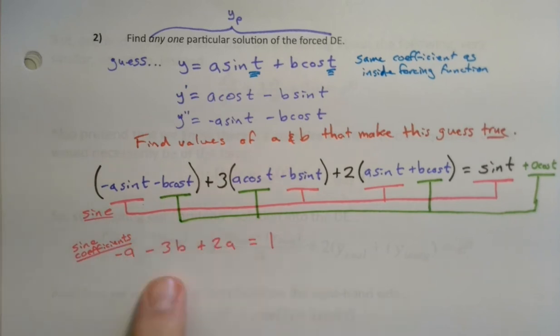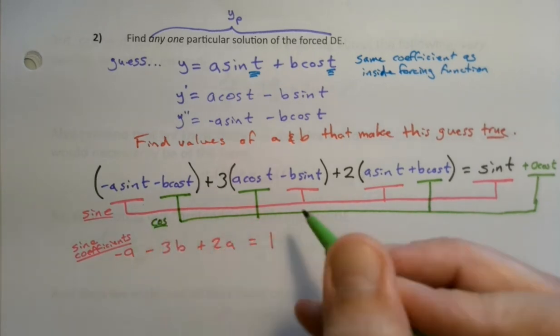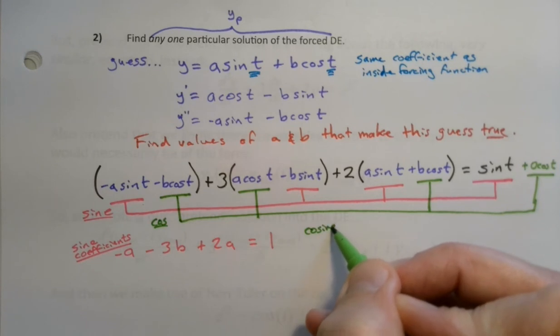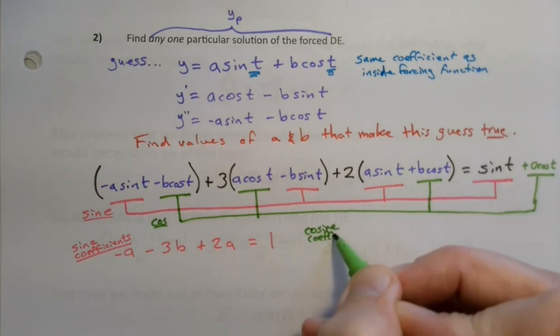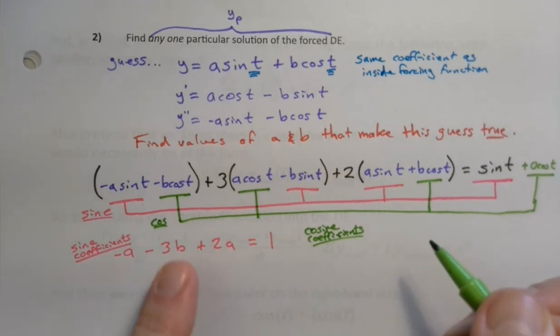And that has to be true. But the green underlines also have to be true. And so if we pay attention to the cosine coefficients, we come up with an equation that looks like this.